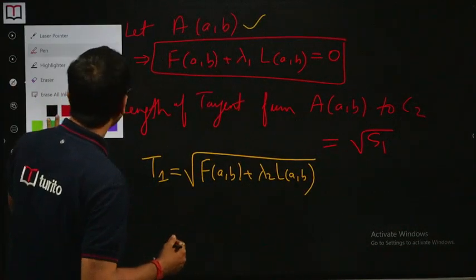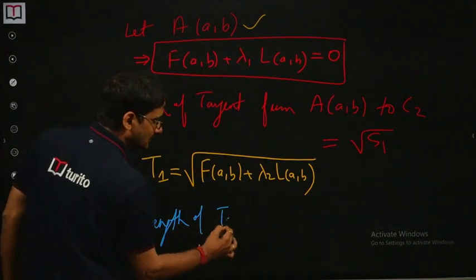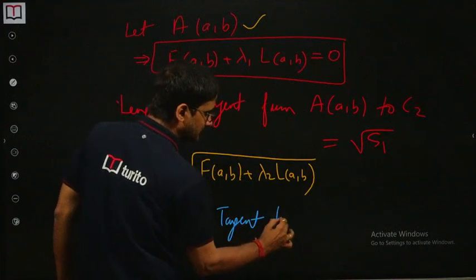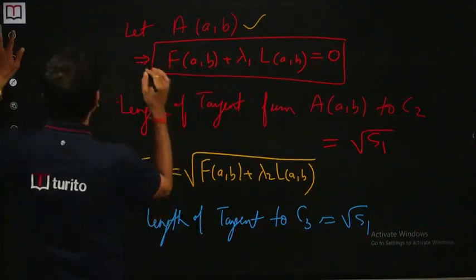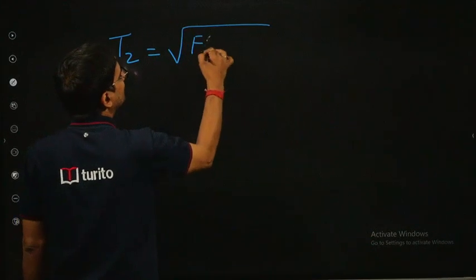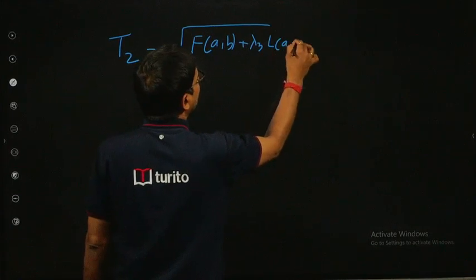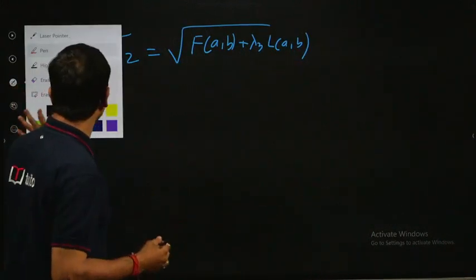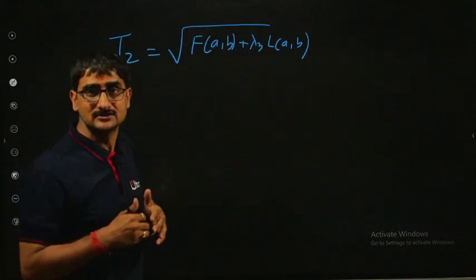Similarly, the length of tangent to C3 is again root S1. So I am calling it T2. So T2 is under root of f(A, B) plus lambda 3 times L(A, B). Now what we have to prove in this question, we have to show that the ratio of these lengths of tangents is a fixed number.